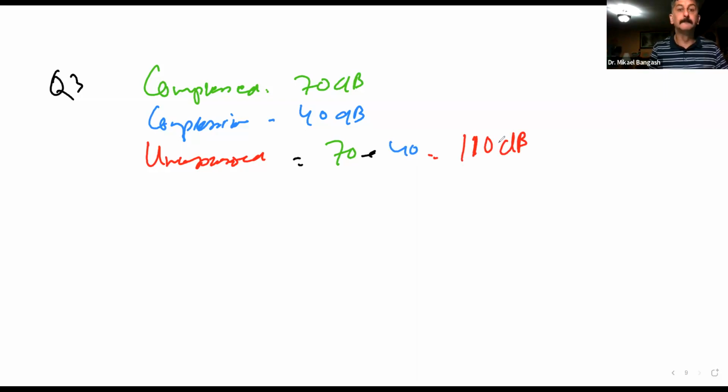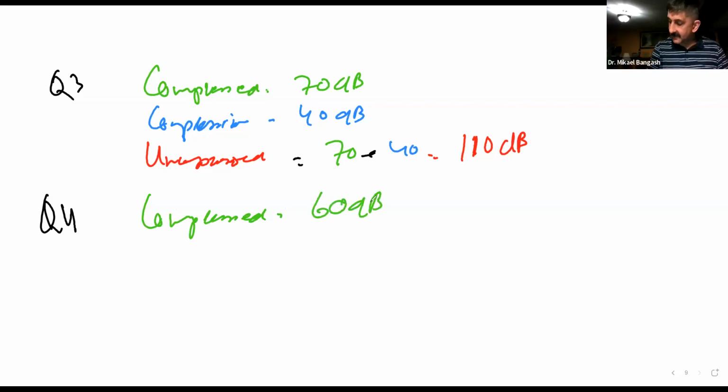Did you ladies get that? Let's go to question number 4. A signal receiver has a dynamic range of 60 decibels after compression. So again, the compressed signal is 60 decibels. The original signal was compressed by 50 decibels. So the degree of compression was 50 decibels.